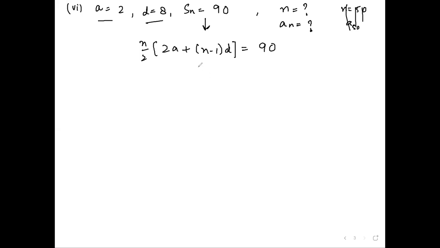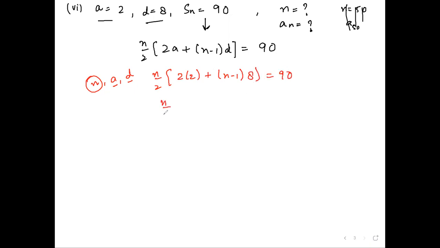Now in this formula, how many unknowns are there? There is an n here. You have one unknown n, then you have a and you have d. So you know a, you know d, you can find n, the third one. So n by 2 into a is 2 plus n minus 1 into d is 8, which is equal to 90. Just simplify this.